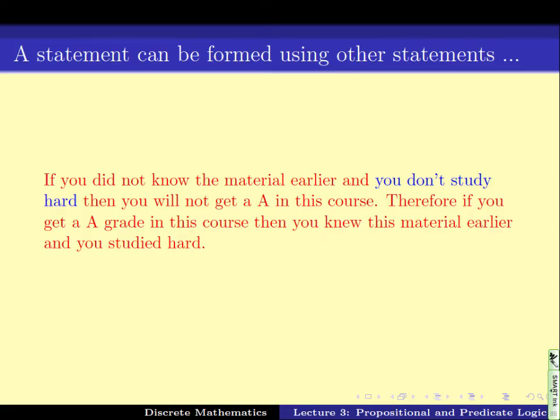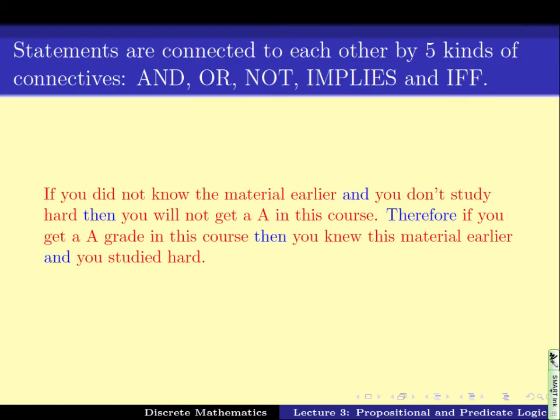There are other statements here. I let you look around inside the para and identify the set of statements. Now these statements are connected using connectives like and, or, not, implies, and if and only if.